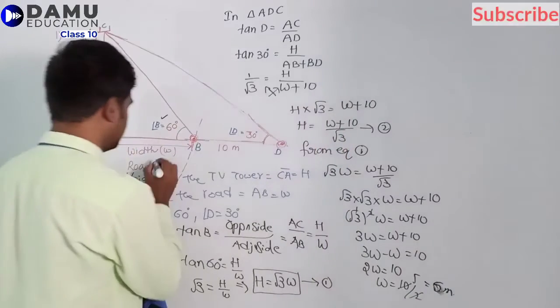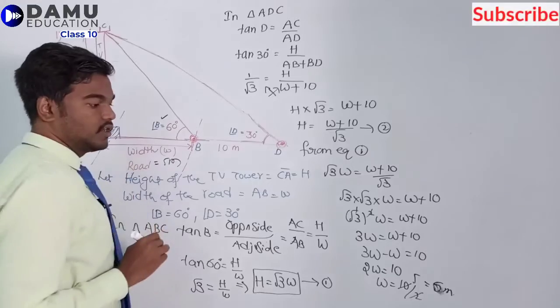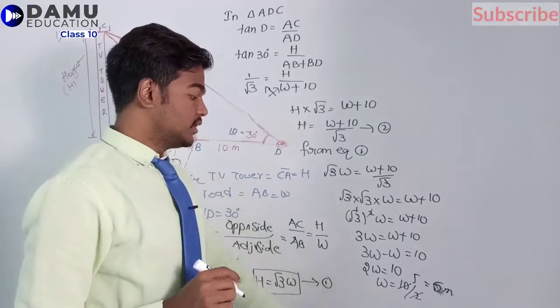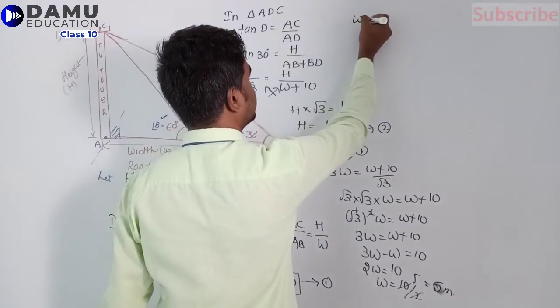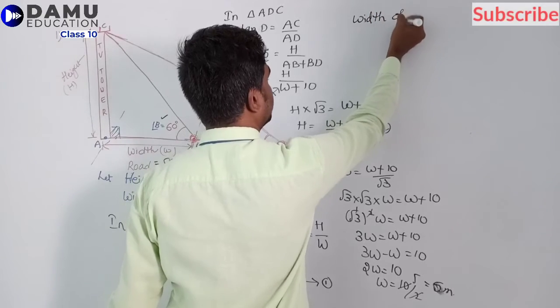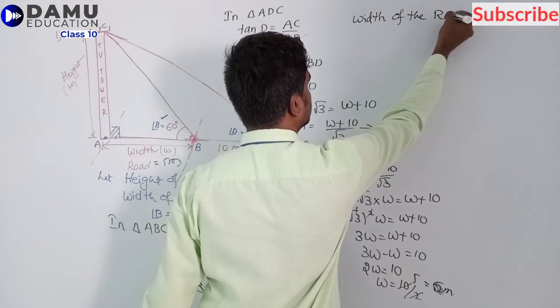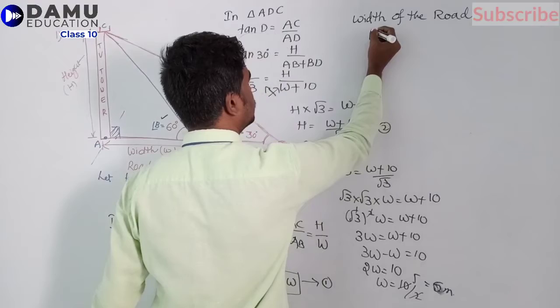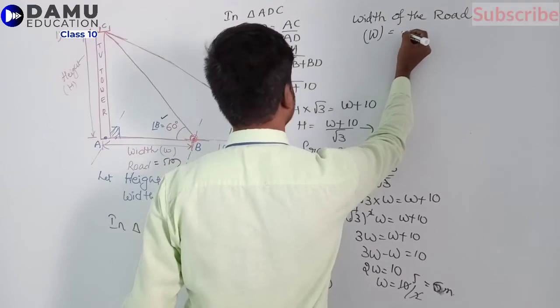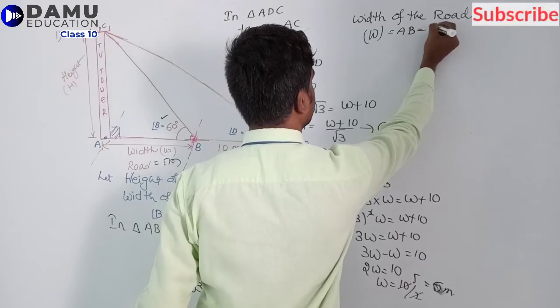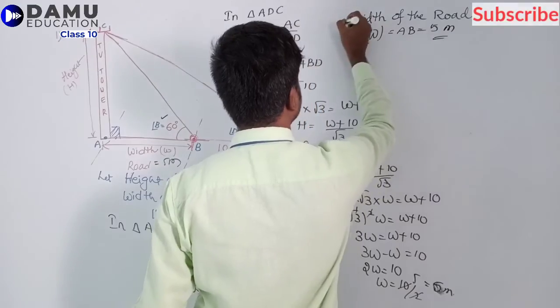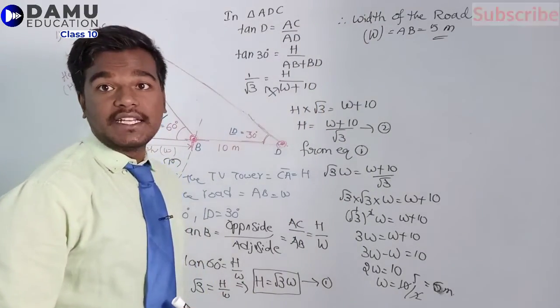So what is the width? 5 meters. The width of the road W, that is AB, will be equal to 5 meters. Then what is the height of the tower?